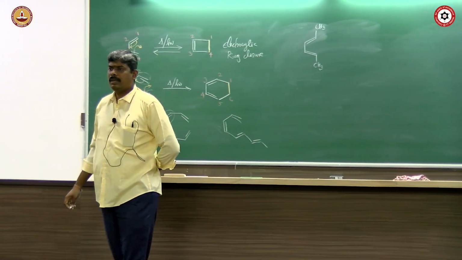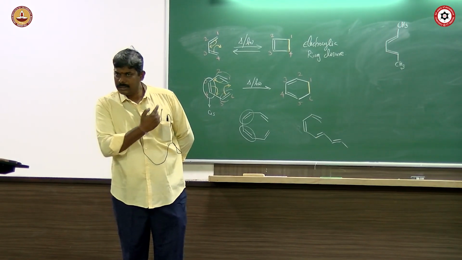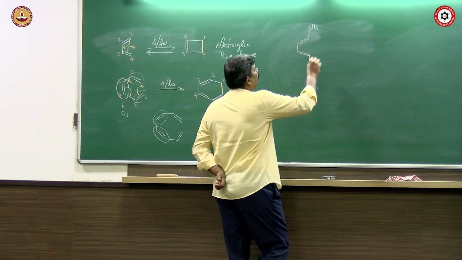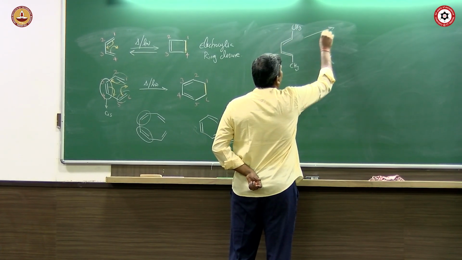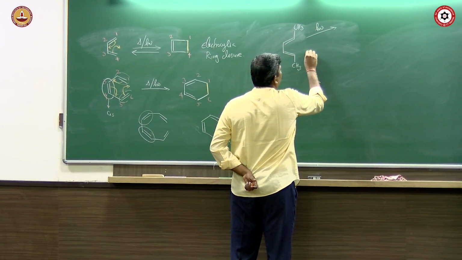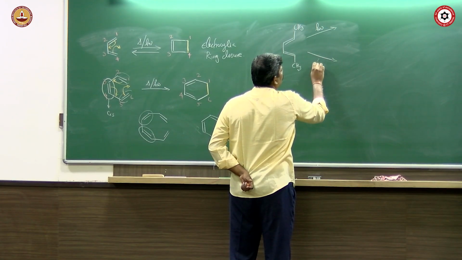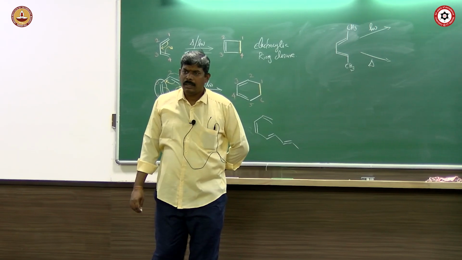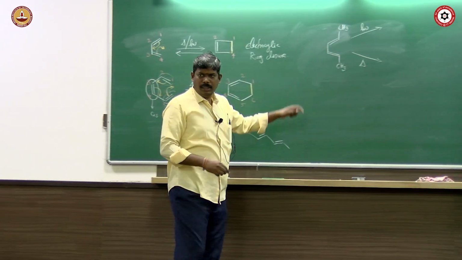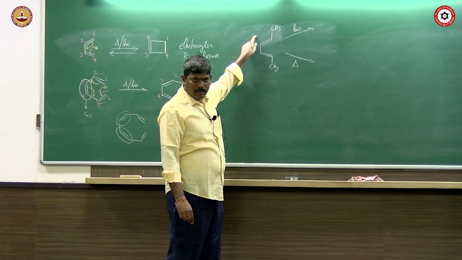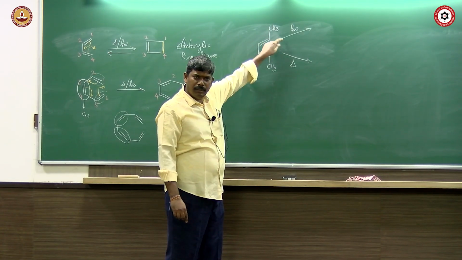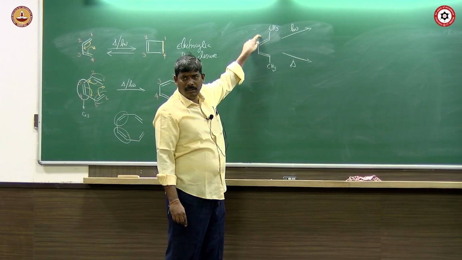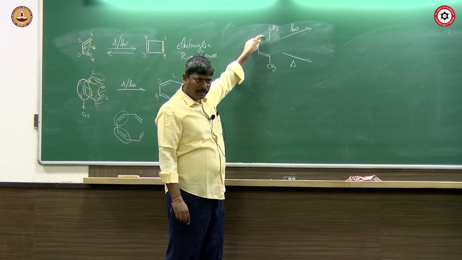Because the stereochemistry is trans in both the olefins we looked at, in one case I am going to shine a light, in the other case I heat. What would be the outcome? So my substrate is the same. The number of electrons involved is the same, 4 pi electrons.